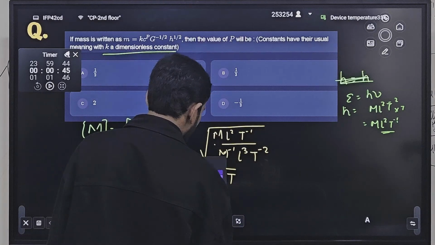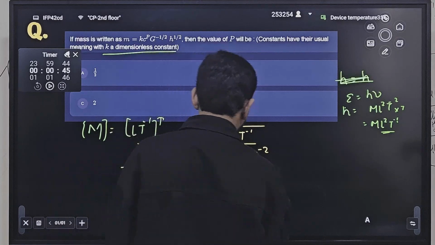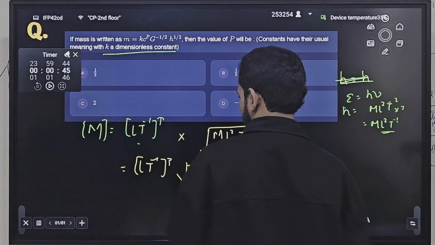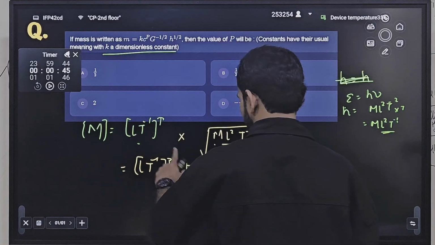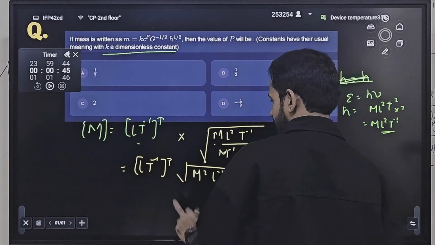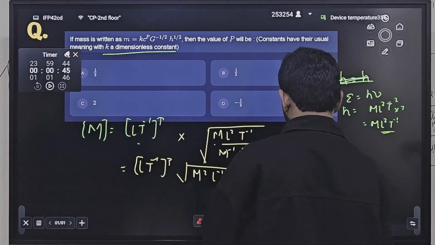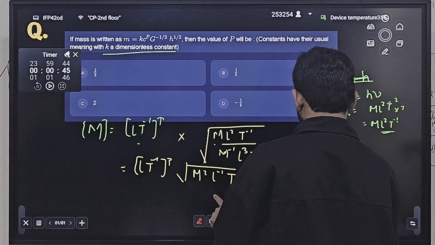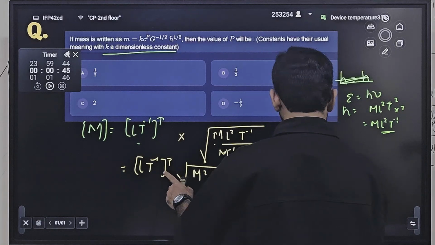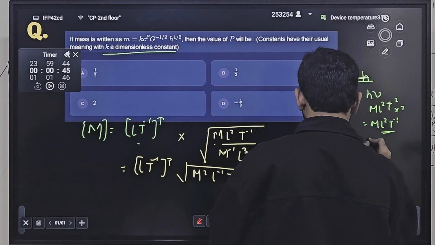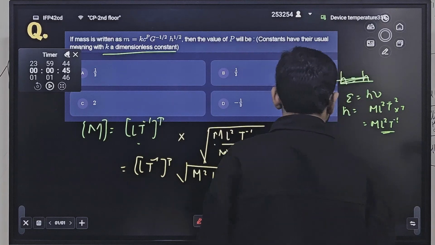When it is now multiplied, what will be the result on the right hand side? M will come out as it is, M, which should be there because on the left side also there is M. L: what is the net power of L? P, and from here minus half. Then what can you say about T? The T term is here, minus P, and here plus 1 by 2.